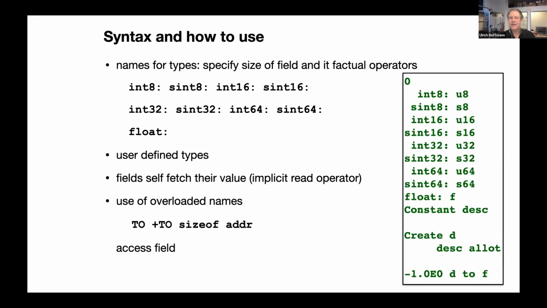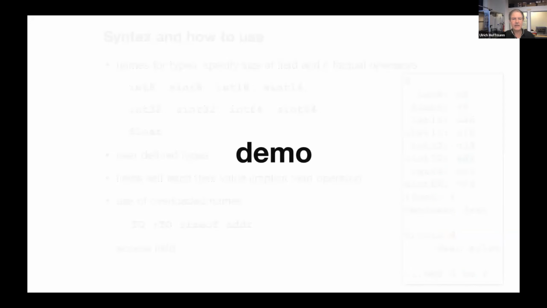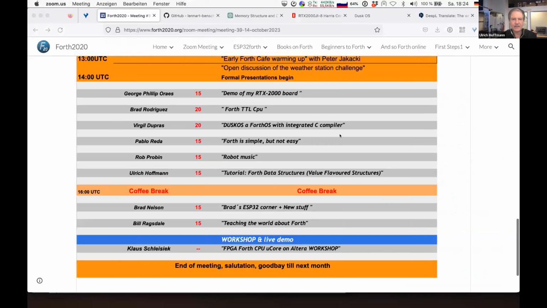And so you could do it like this, and this is part of the test suite: define a value-flavored structure that has all these kinds of different fields. And just as a demo, you can then define an instance of that record, and you can store the appropriate floating point value to the field f if you want to. Right, so let's have a look at the demo.